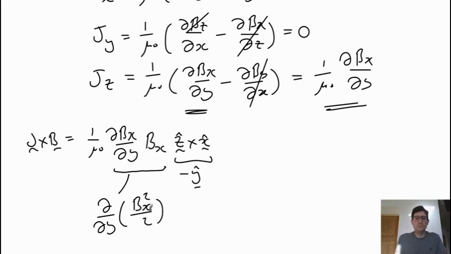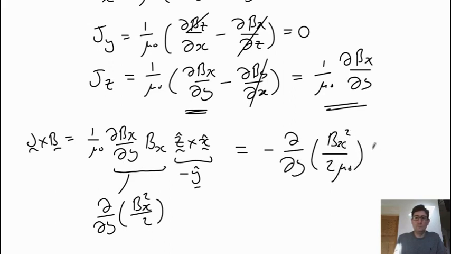If you just do this by chain rule, you get back this expression here, and so we can write that this is minus d by dy of Bx squared over 2 mu naught in the y direction, and this must be equal to the pressure gradient. So this is equal to dp by dy, which is in the y direction.